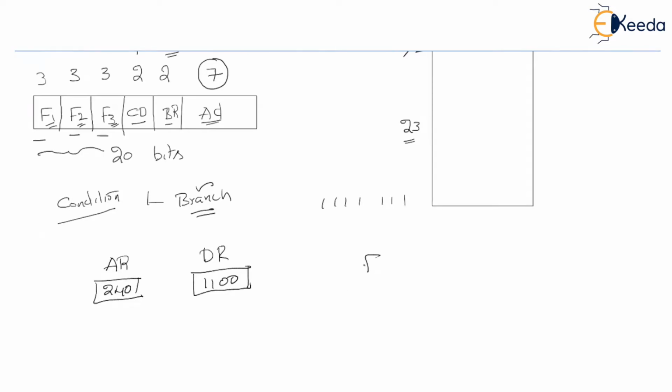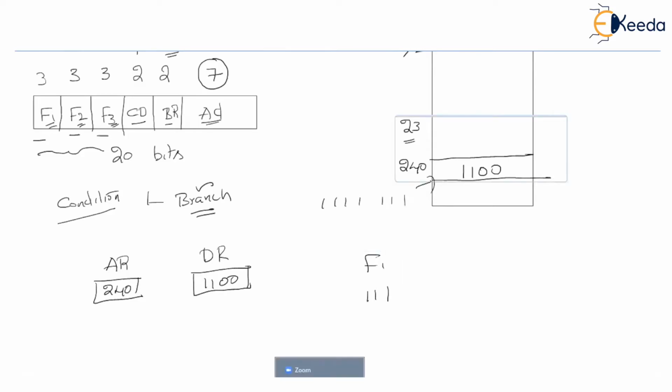Then if you have 111 in the F1 field, immediately in main memory address 240, the content 1100 will get transferred. This is the write operation. During the write operation, the data register contents will get transferred to the memory location specified by the address register.